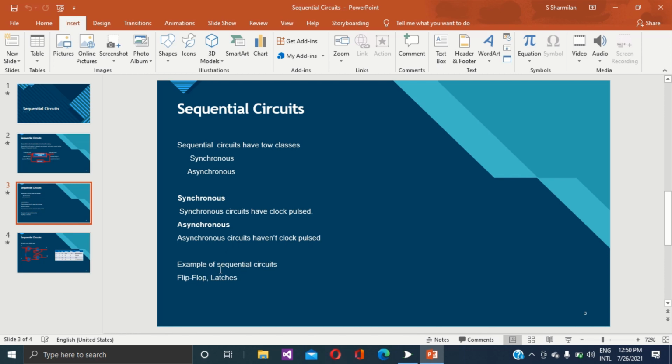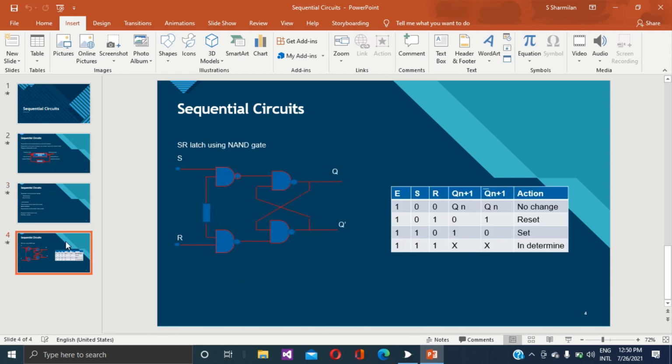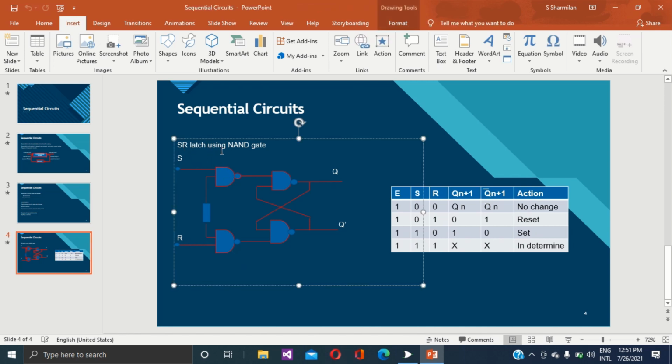Examples of sequential circuits are flip-flops and latches. Now we are going to see how to design a sequential logic circuit using Logisim. Here I am taking an SR latch using NAND gates.